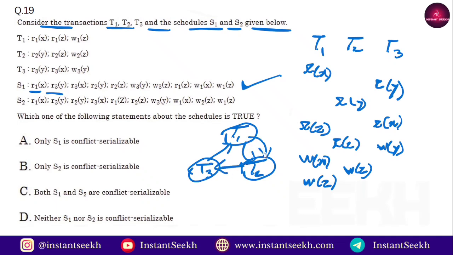Since there is a loop in S2, S2 is not conflict serializable. So only S1 is conflict serializable, and your answer should be option A: only S1 is conflict serializable. Let's move on to the next.